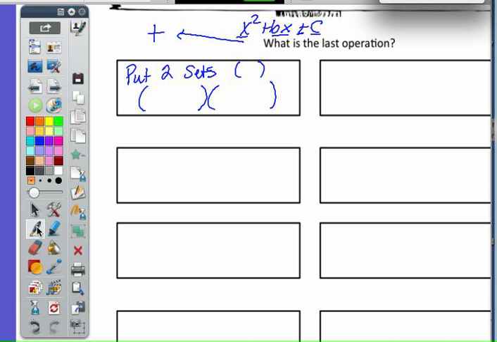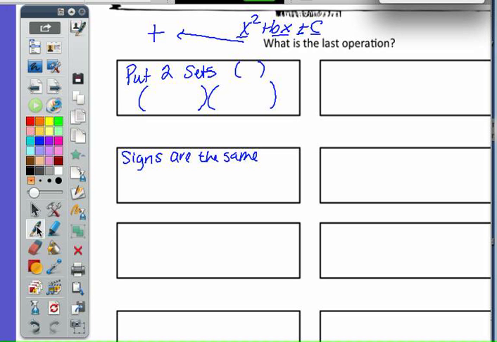So what we know is if my last operation is plus, we know that the signs are the same inside the parentheses. The signs are the same. Because in order to get a plus, they either both have to be negative or they both have to be positive. So the signs have to be the same. I promise this will make sense by the time we're done. Okay, signs are the same.